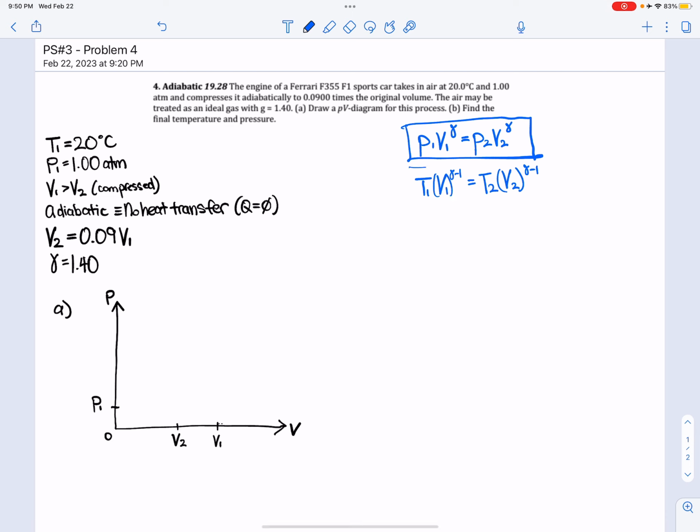That's something that we should know, and it came from our notes, and ideally would be in your cheat sheet. This is for an adiabatic process of an ideal gas. That is chapter 19, section 8.